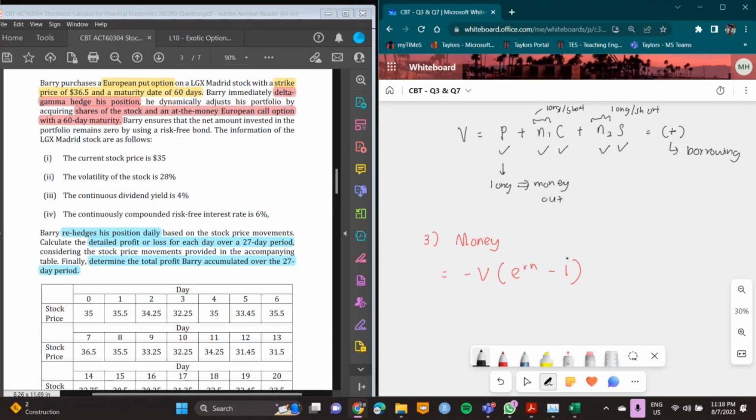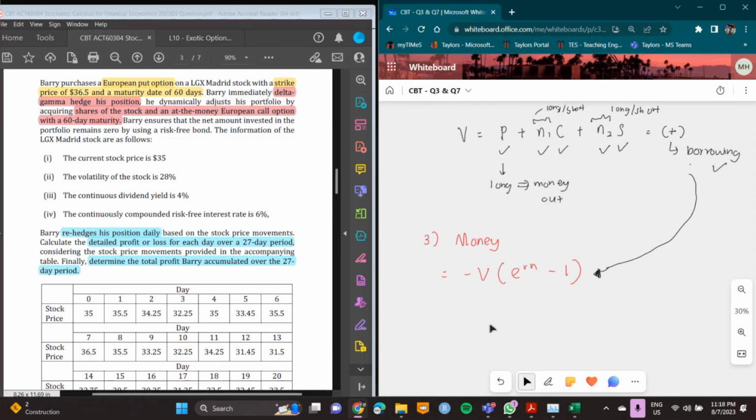Once we get clarity on that, and we get a positive value, it means that the money out is more than the money in, so we do the borrowing. Then we just substitute the V value in this formula and we can get the answer for the money component.